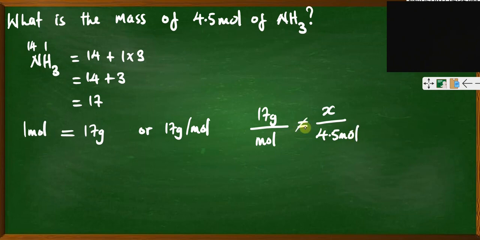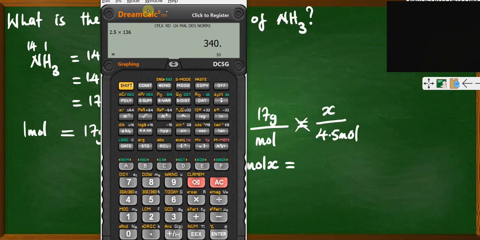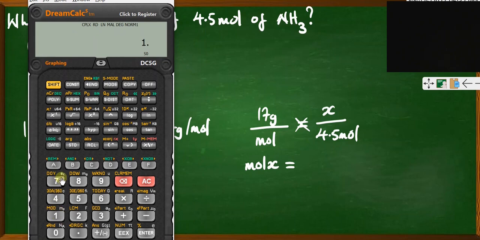Then you cross multiply: mole times x, so you have mole x equals 17 times 4.5. Let's do it directly on the calculator. 17 times 4.5, what are we getting? 76.5, so we put gram here, then mole here.